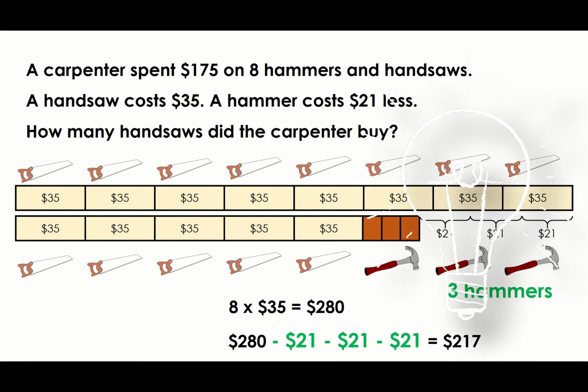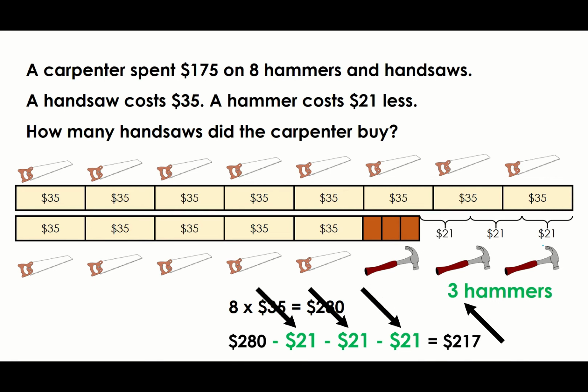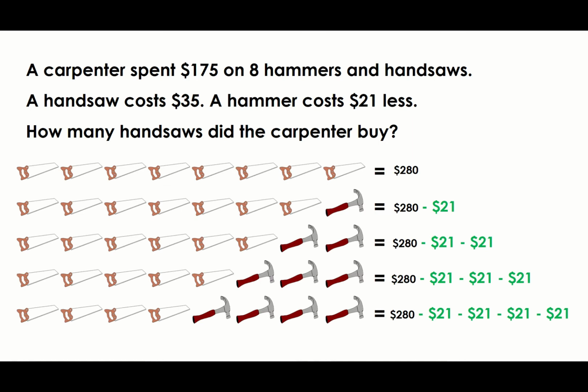The number of hammers that I've included in the 8 items would also correspond to the number of $21 differences that I have to take away from my initial assumption. And so, to solve this question, I simply need to take my initial assumption, which is 280, and minus 21 as many times as I need to get to the correct answer of $175.